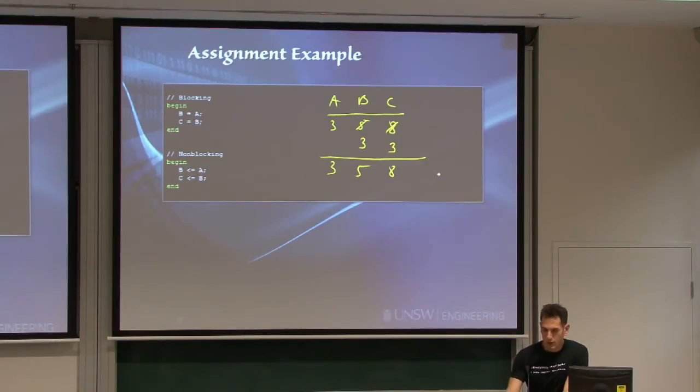In the non-blocking case, we have B is assigned A, but not just yet. You will look at the right-hand side and say, all right, I'll remember the value A aside. It doesn't assign it to B just yet. You will then go on and look at B, which hasn't changed. B is 5.